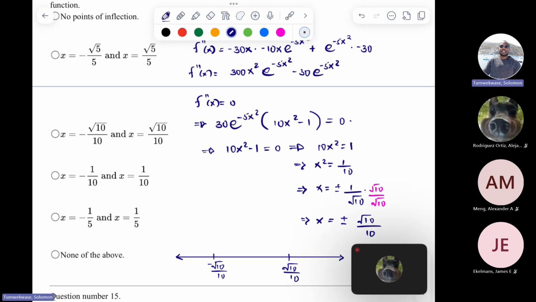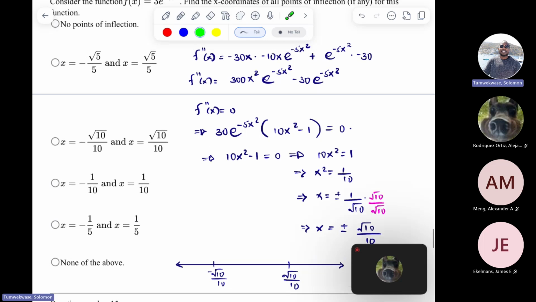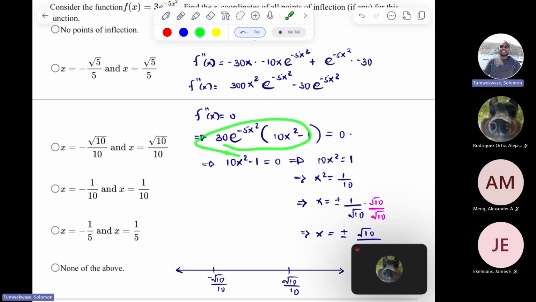If I choose a number less than this guy, maybe negative 2, and I put it in my second derivative, what happens? This will be 20, which is positive. So the whole of this is positive, and so we shall have a positive, right? Any number between those two guys, I can choose a 0 right away, and e to the 0, that is 1. This is 0.